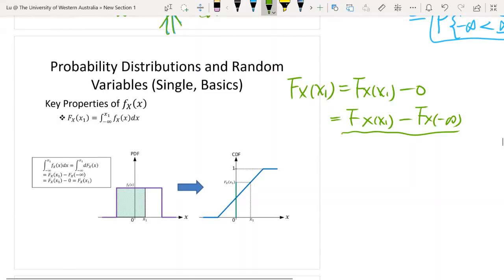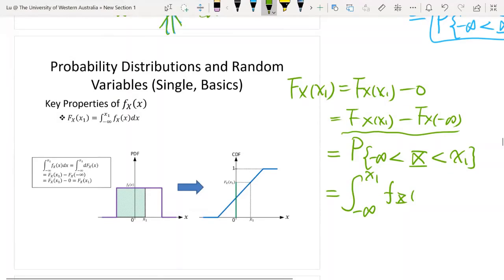PDF function curve, because this is equal to the probability that the random variable capital X falls into negative infinity up to x1. This is equal to the calculation of the area from the same region, so negative infinity up to x1 in the PDF curve.